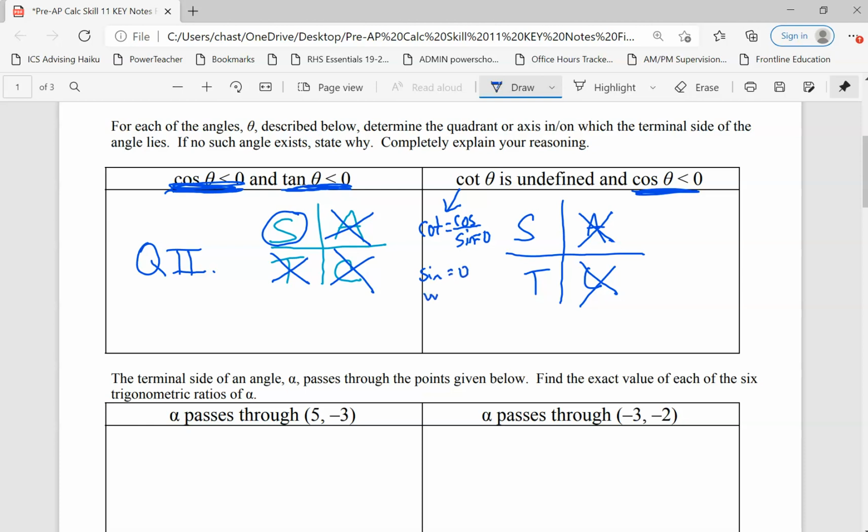Sine equals 0 when the y coordinate is 0. So when I look at where my y coordinates are zero, that's going to be here and here. But since we know that cosine is negative, we can't be here. So we are going to be on the negative x-axis.